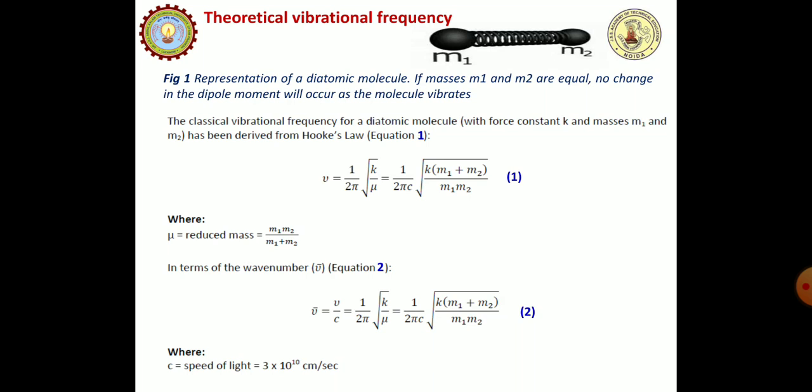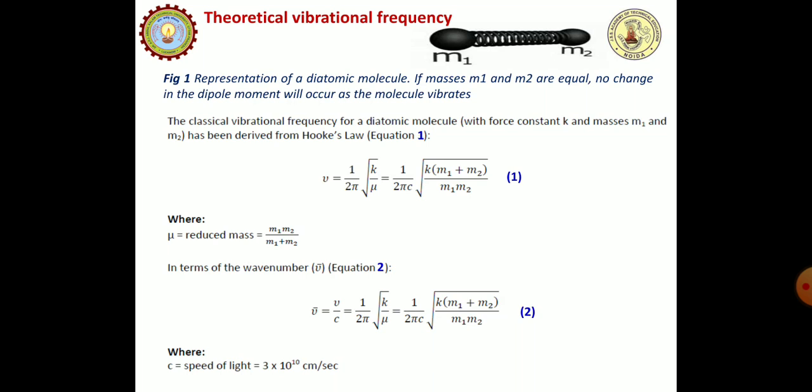Infrared spectroscopy is mainly based on the principle of molecular vibration due to absorption of infrared radiation. By absorbing infrared radiation, the organic compound's molecular vibration will take place.